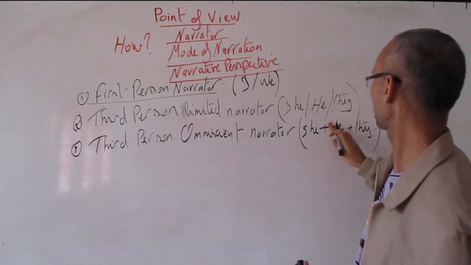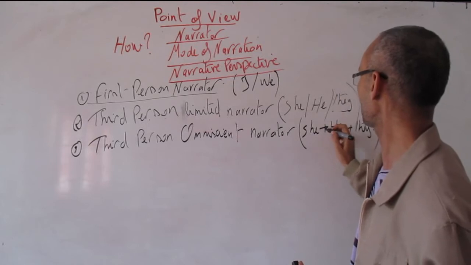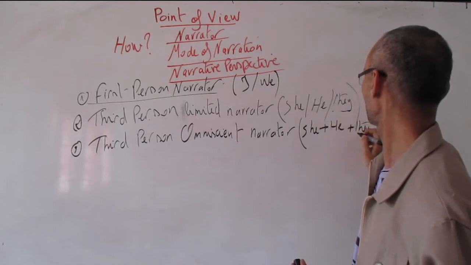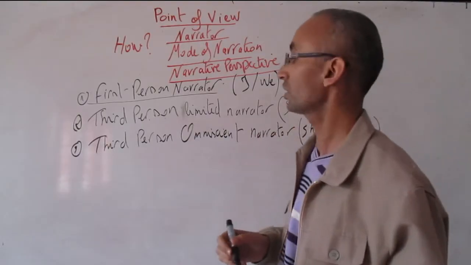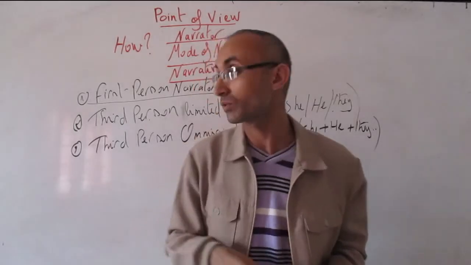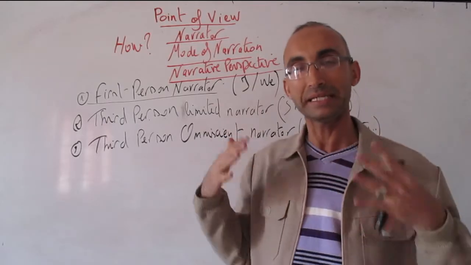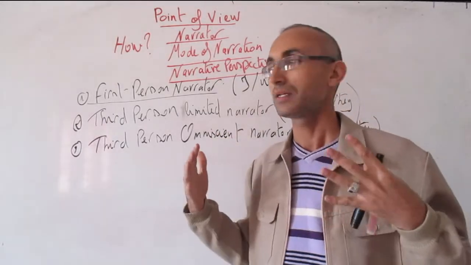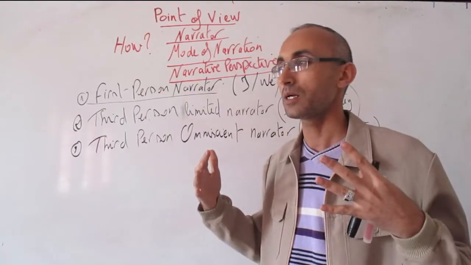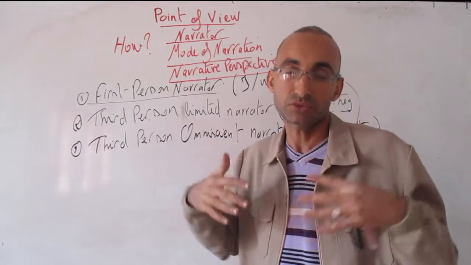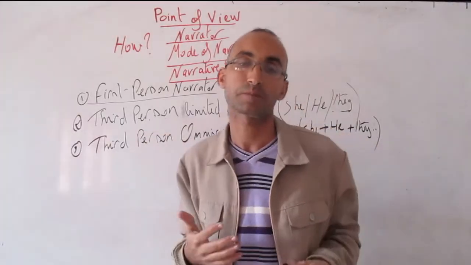Clear? Together in the same story, whereas in the second one, the writer used only one. Good. So these are the three main and commonest, traditional, points of view which are used in literature since old times.